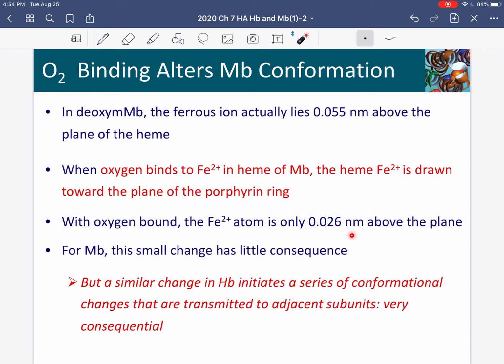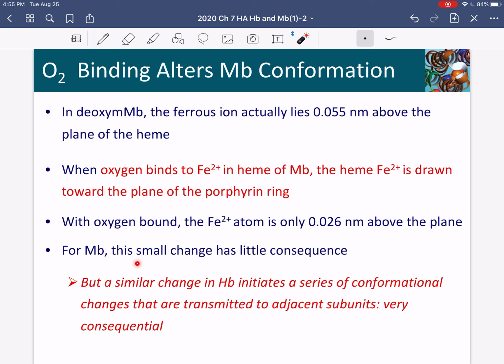So this is only a small change. We go from 0.055 nanometers above the heme plane to 0.026 nanometers above the plane of the heme. And so it's not a very big change.